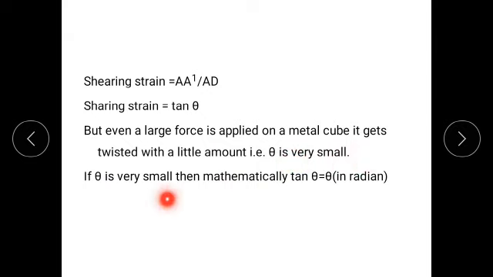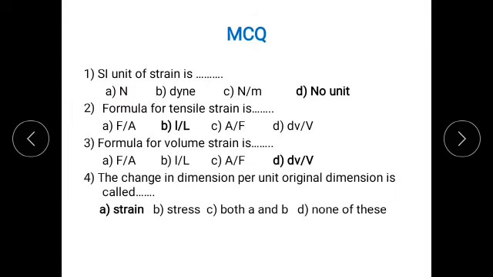If theta is very small, then mathematically tan theta is equal to theta, and its value is in radian. Therefore, instead of writing tan theta we write theta only, and we get shearing strain is equal to theta.